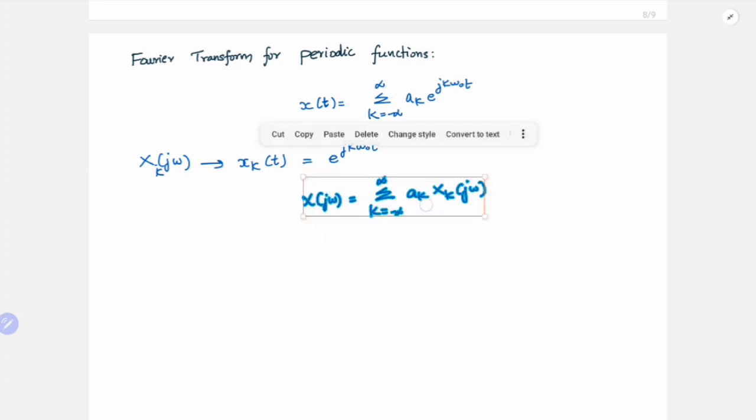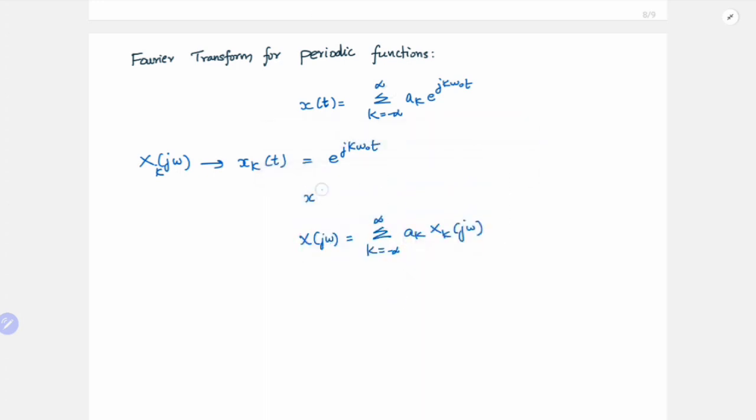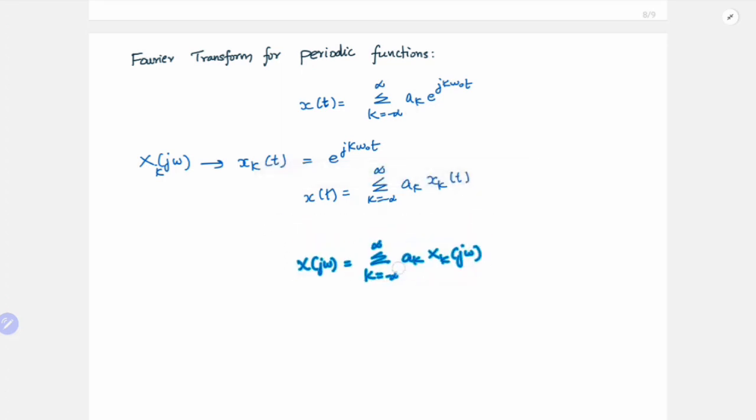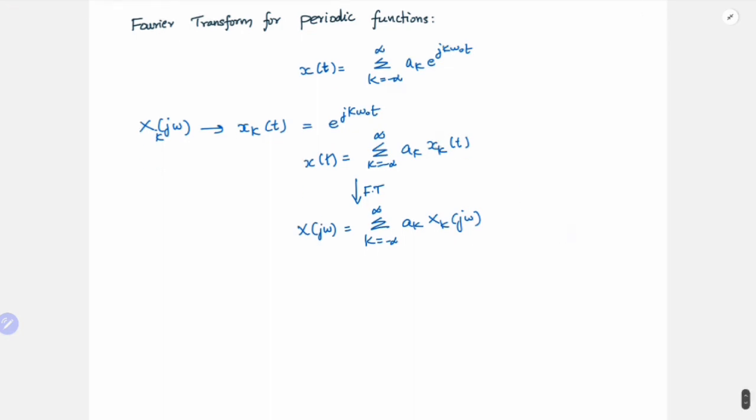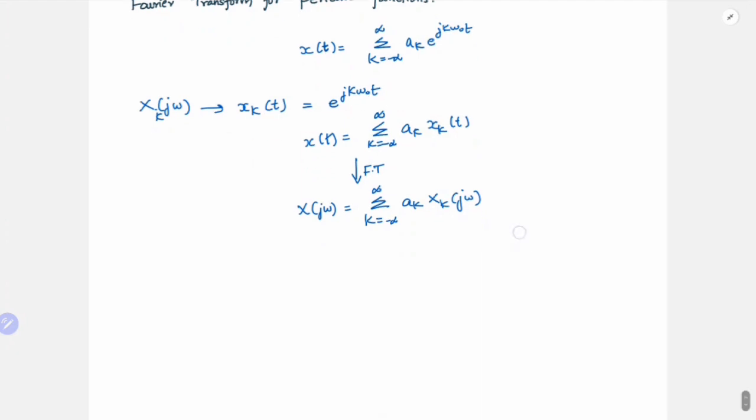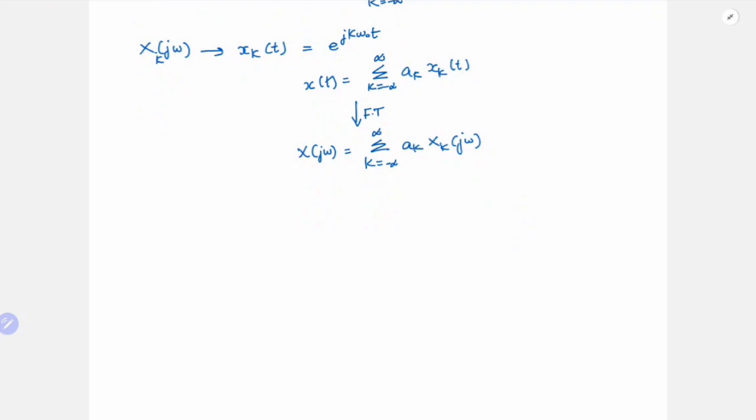Why? Because my x(t) is nothing but the summation of a_k x_k(t). And when I take the Fourier transform, the a_k's are constant. Only x_k gets transformed to X_k(jω). So now we want to find this X_k(jω) that gives x_k(t) equal to e^(jkω₀t). So let us go ahead and find it.